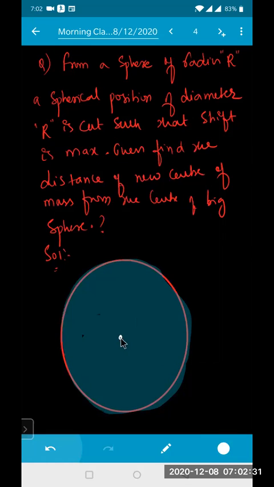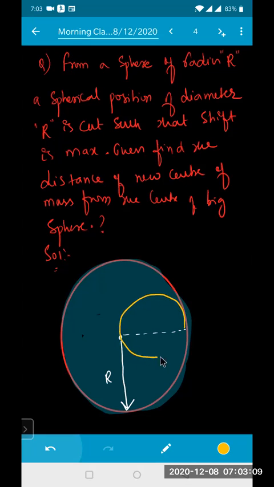And this is having a radius from here to here. This is your radius capital R. From a sphere of radius capital R, a spherical portion of diameter capital R is being cut such that the shift is maximum. That means the diameter is this one.